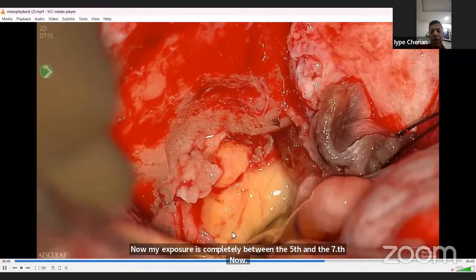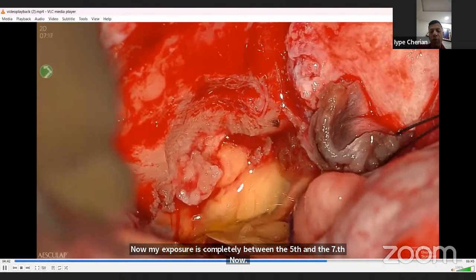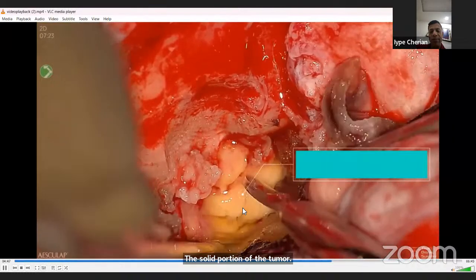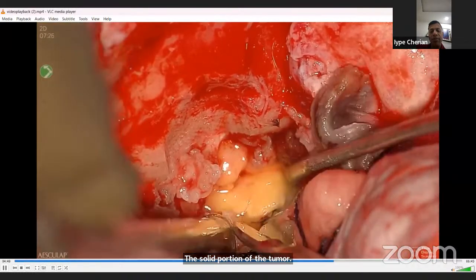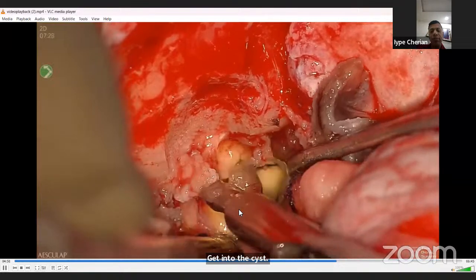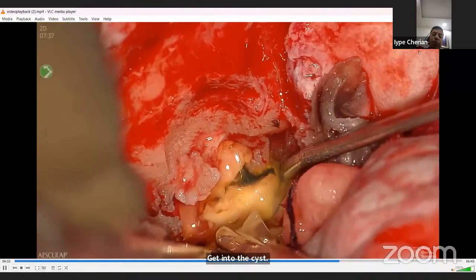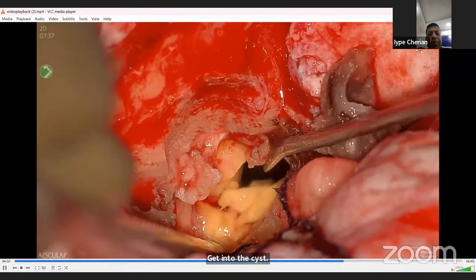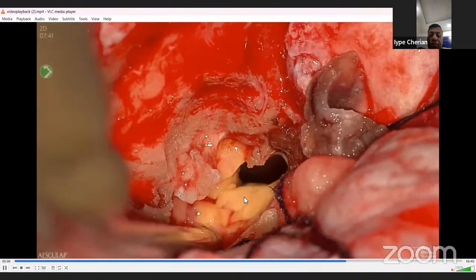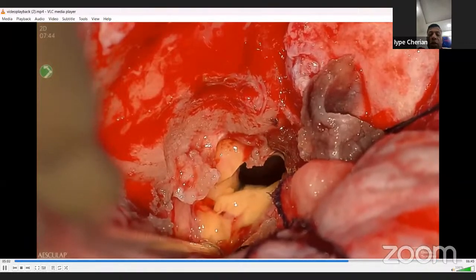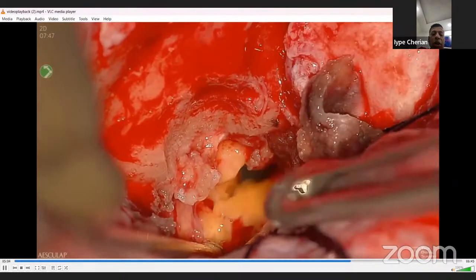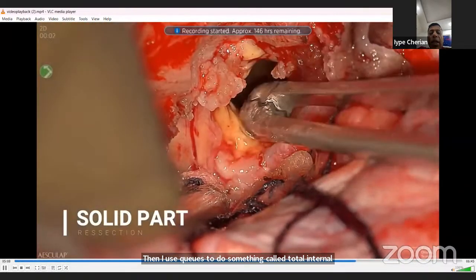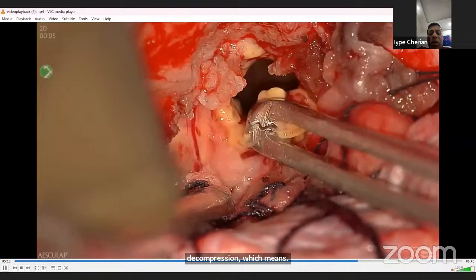So I cut the solid portion of the tumor, get into the cyst. Then I use CUSA to do something called total internal decompression, which means I'm taking the tumor from inside out.